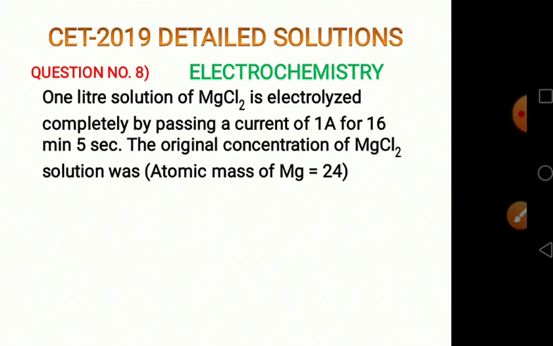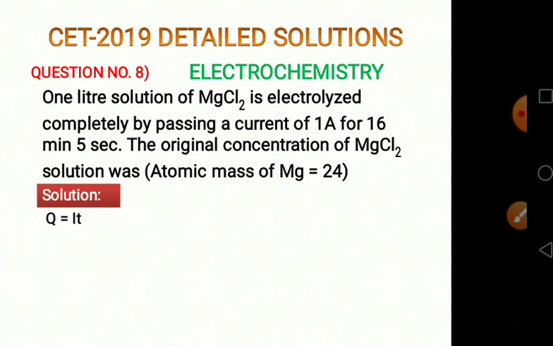So here, you can see they are asking the original concentration of the MgCl2 solution. First we will calculate Q, which means the charge passed in coulombs. We know that 96,500 coulomb deposits 24 grams, that is the atomic mass of magnesium.